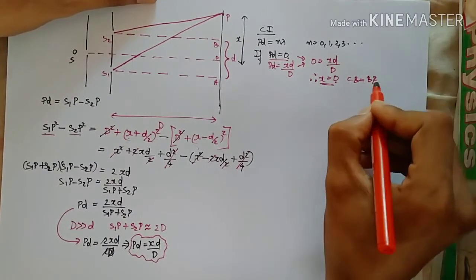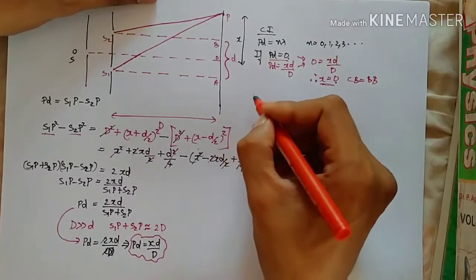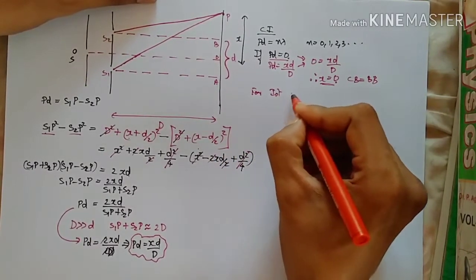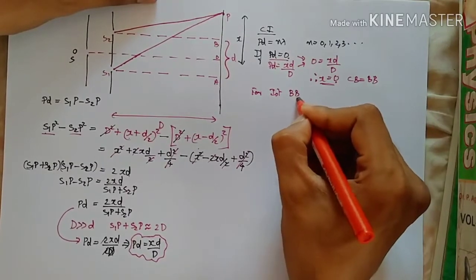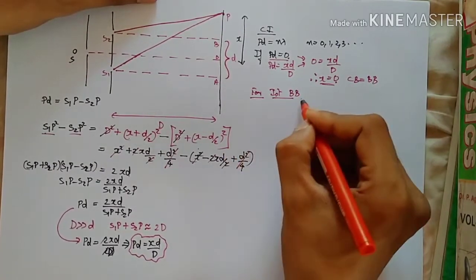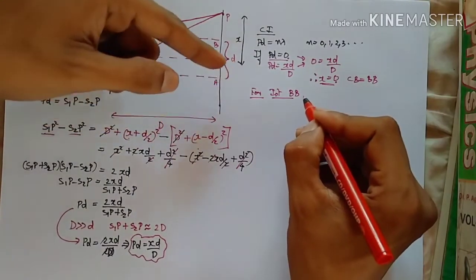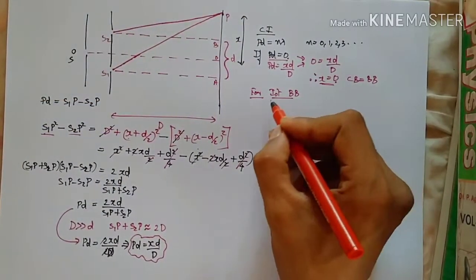Okay. Then I will write another heading for the first bright band. This is the central band. After the central band, we'll write the first bright band.